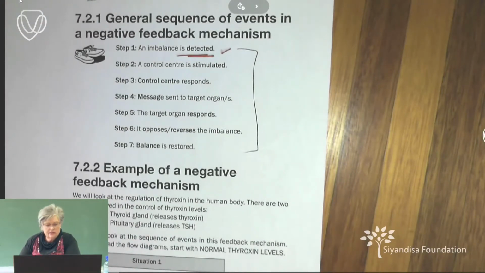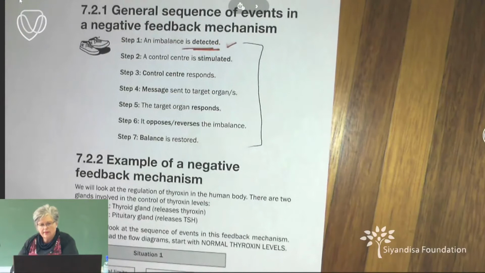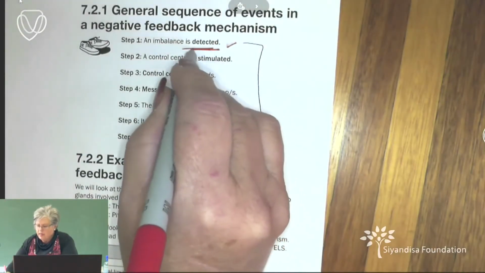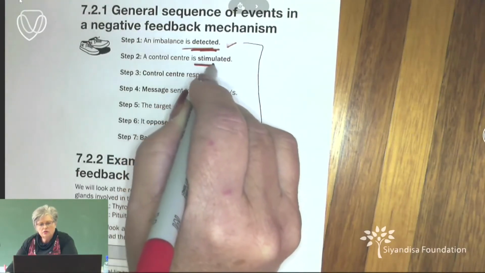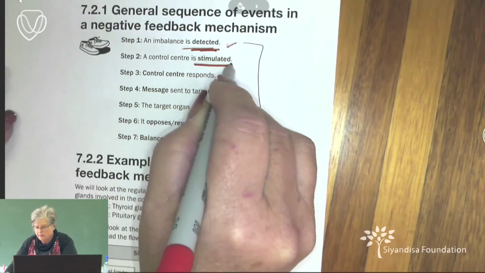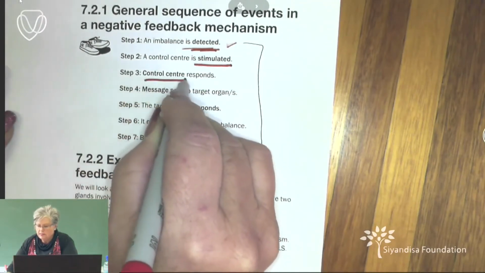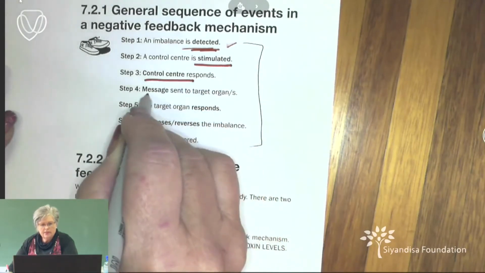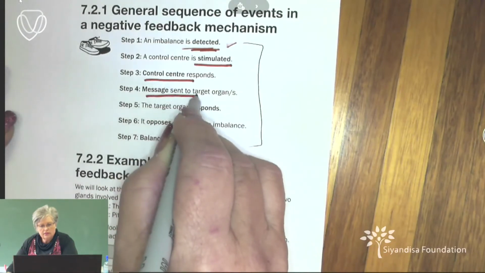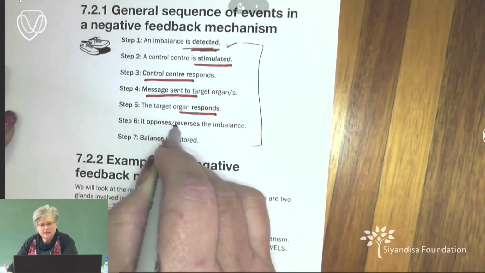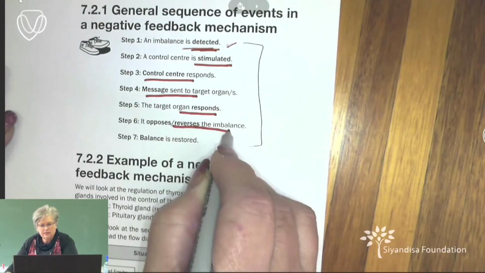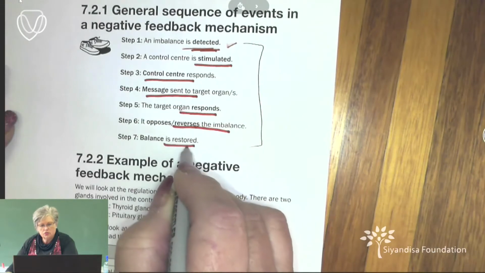If the examiner is going to talk about the pituitary gland that secretes TSH, thyroid stimulating hormone, then you must say an imbalance is detected, and a control center is stimulated. The control center responds. The message is sent to the target organ. Okay? The target organ responds, and it reverses the imbalance, and the balance is restored.